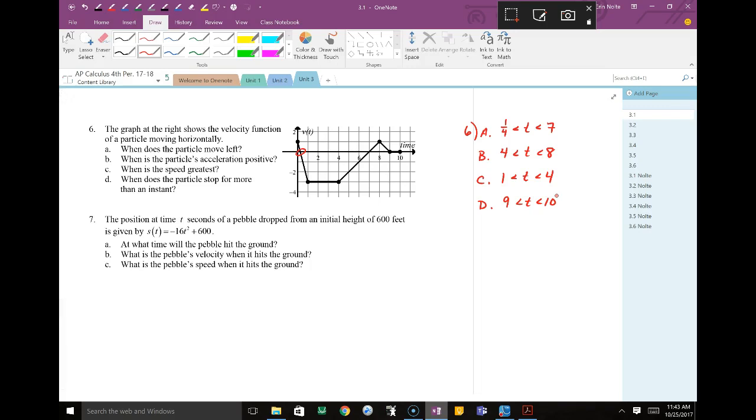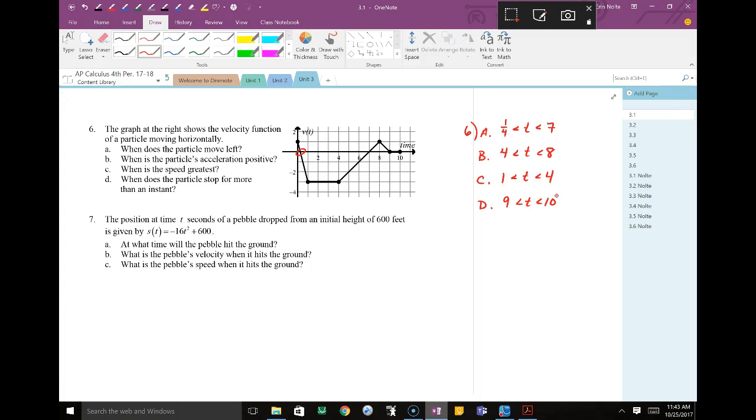C, okay. No, not because the slope is 0. It's because it has the greatest absolute value of the velocity. So like the biggest y value in terms of that graph.